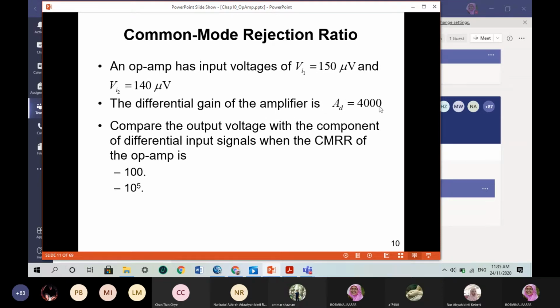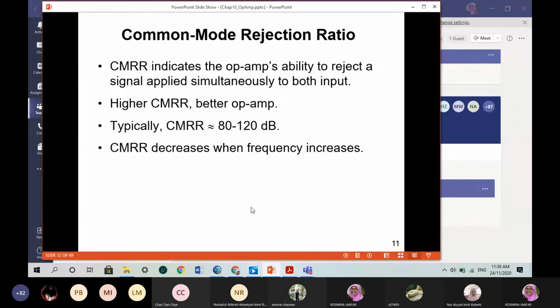No, this is the gain. The gain is around 4,000. So compare the output voltage with the component of the differential input signals when the CMRR of the op-amp is 1,000 and 10,000. You can compare this at 10 to the power of 3 CMRR and at 10 to the power of 5 CMRR, and there will be a very large difference.